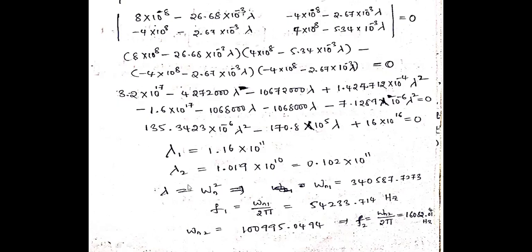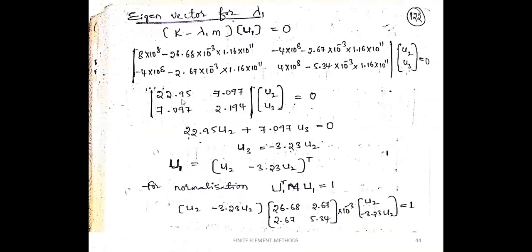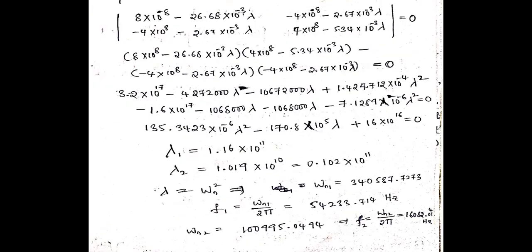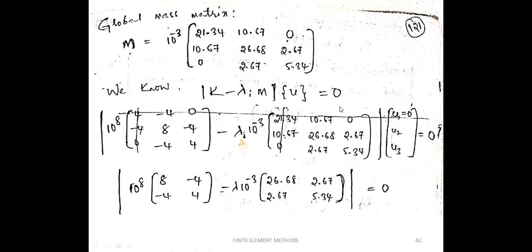So these are the natural frequencies as well as the cycles per second at lambda 1 and lambda 2. Once you find the eigenvalues, the next step is to find the eigenvector. To find the eigenvectors, u1 is going to be 0, because we use the elimination process to reduce the complexity of the problem. So at lambda 1 we should find u1, u2, u3, and similarly at lambda 2, u1, u2, u3.